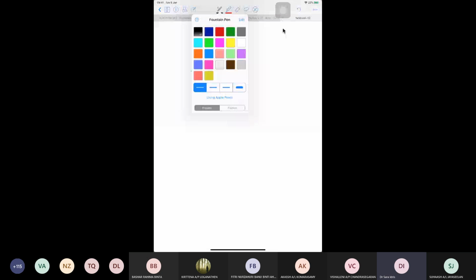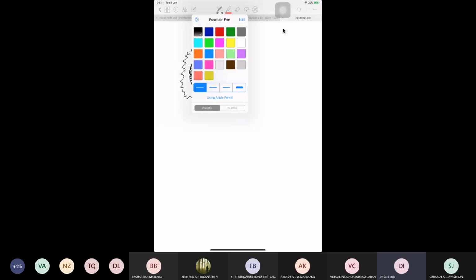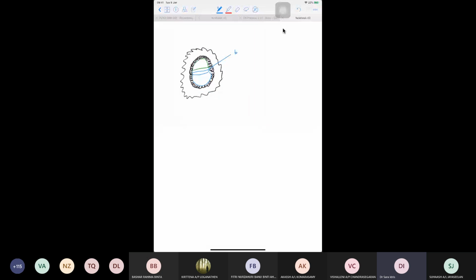I'm just going to draw this first, and then we'll be talking about what all these structures are. So you have the bilaminar disc of the embryo. That's your bilaminar disc.